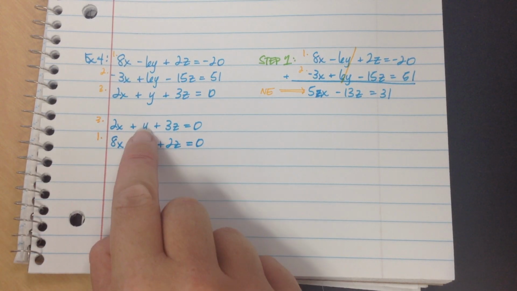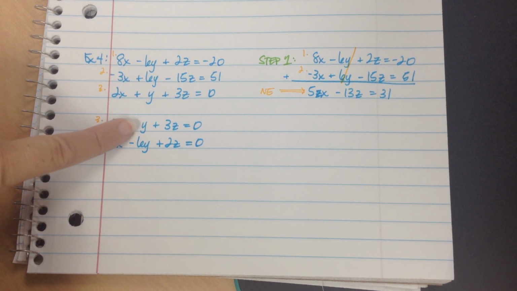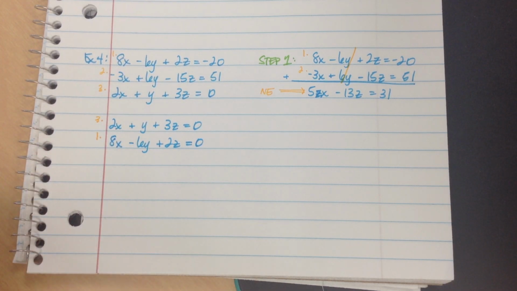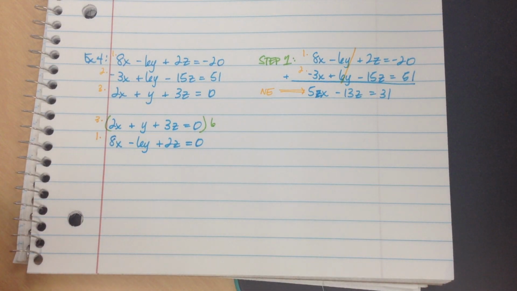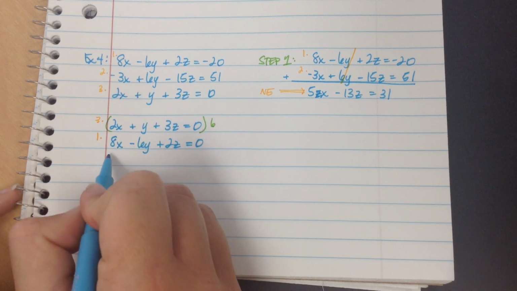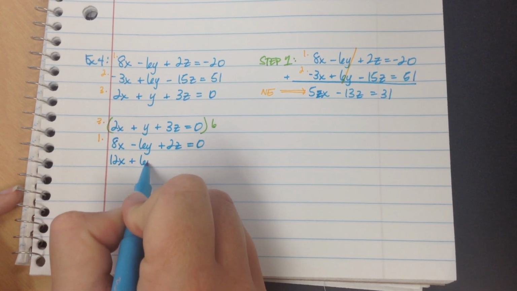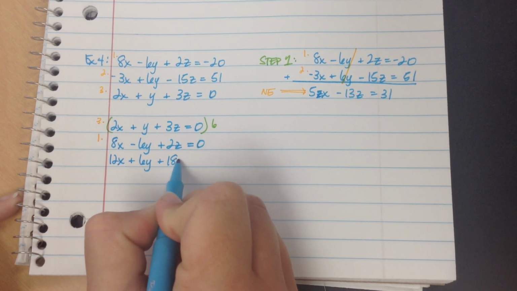Now, the y's don't currently cancel, so I'm going to have to do some multiplying to make that happen. I need this to say 6y for it to cancel. So I'm going to multiply the entire equation by 6. 6 times 2 gives me 12x. 6 times y gives me 6y. 6 times 3 gives me 18z.